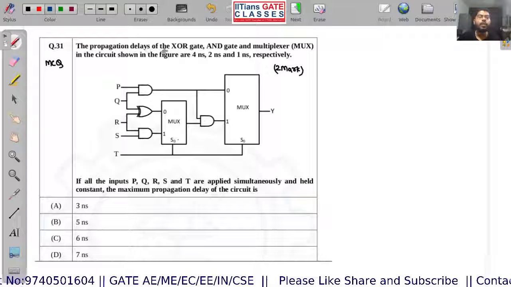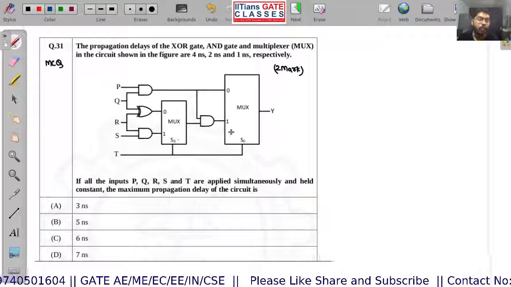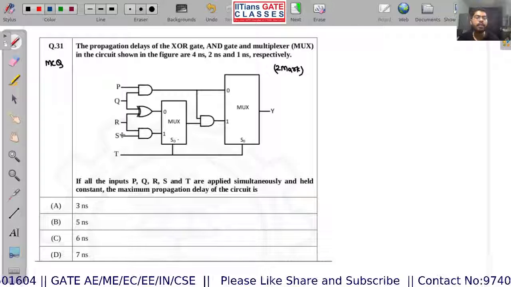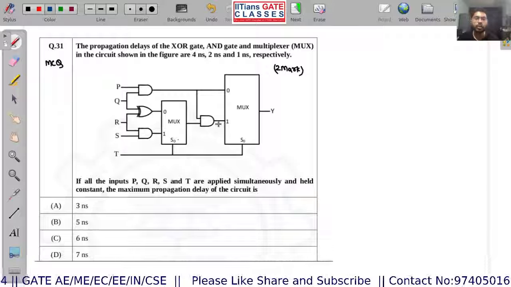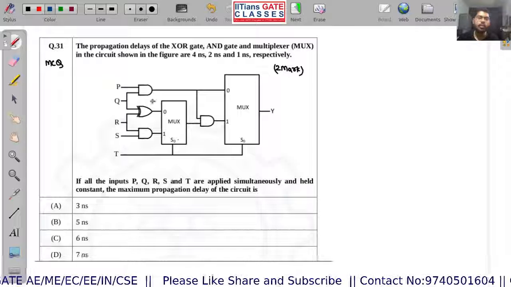The propagation delay. For such type of question, it is quite important that you are able to see the input travel in this circuit without drawing it. So you should be very good at visualizing this.